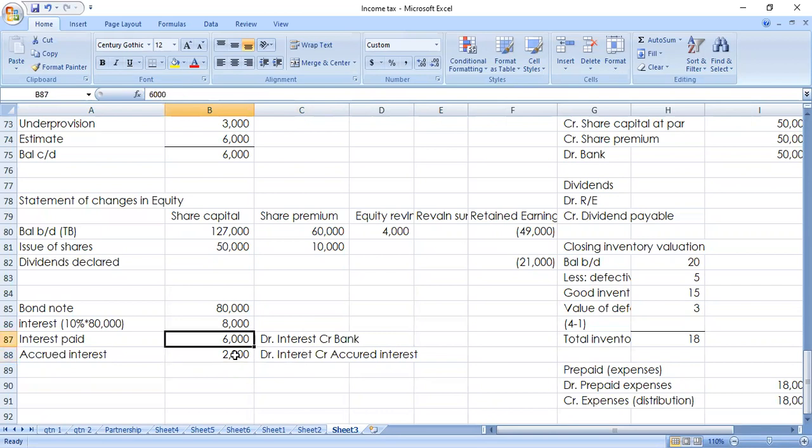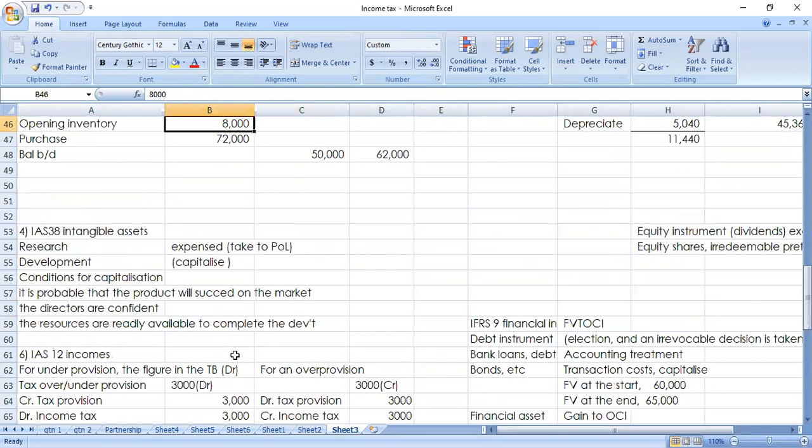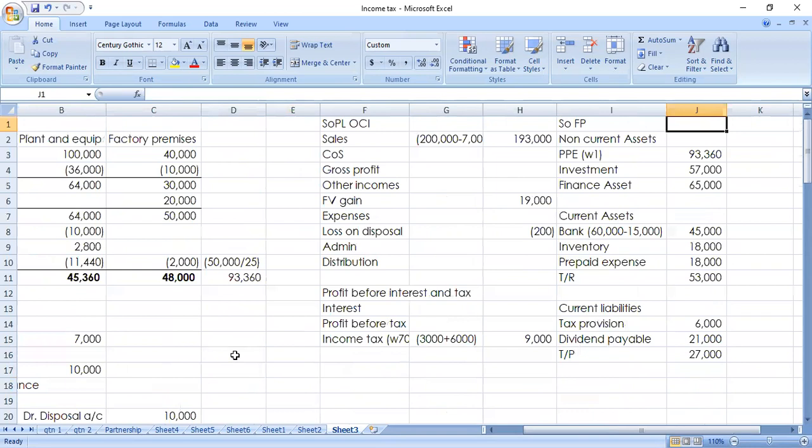I hope we're together on this one. So you come under your liabilities, current liabilities, and ensure that there's interest accrued or outstanding of 2,000.